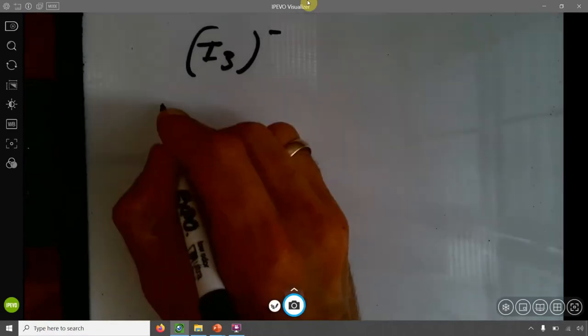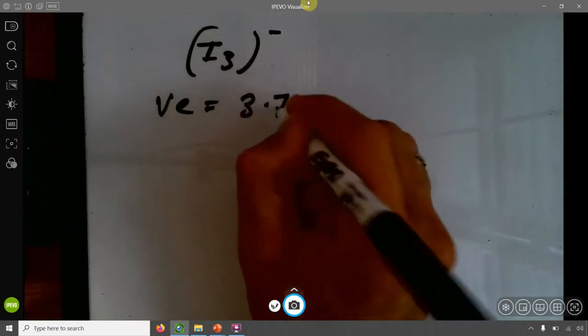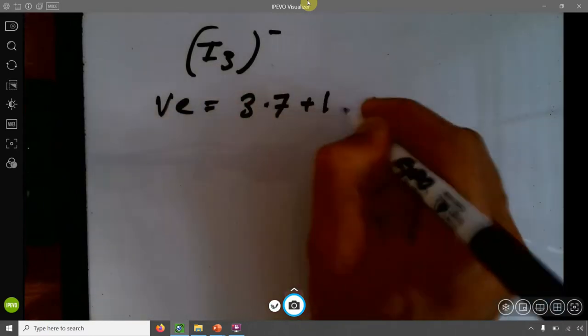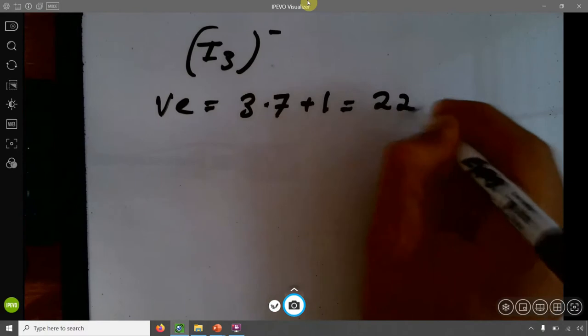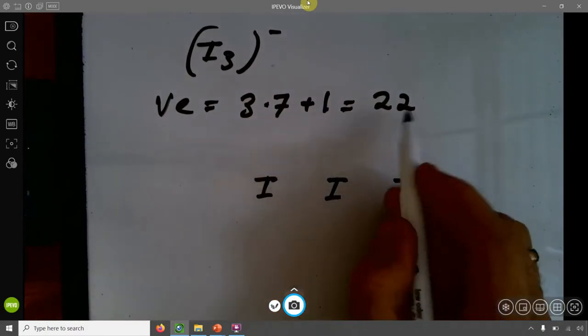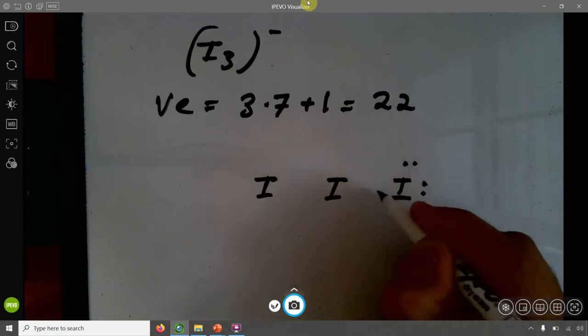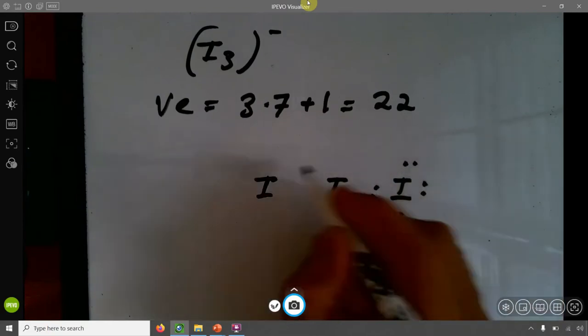Okay, sorry. So again, number of valence electrons is, well, each one of these gives me 7, and this charge is 1, so I actually have 22. And I have 3 I's, and I distribute these 22 around. Well, no, I don't. I make sure I have 8 on the wings.